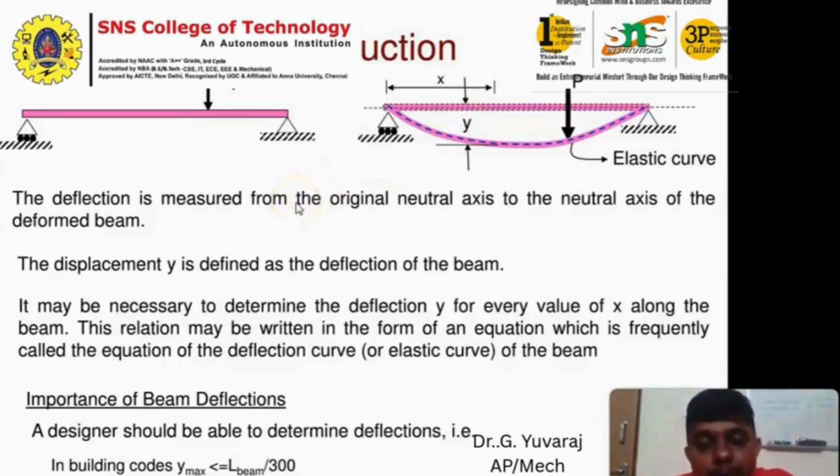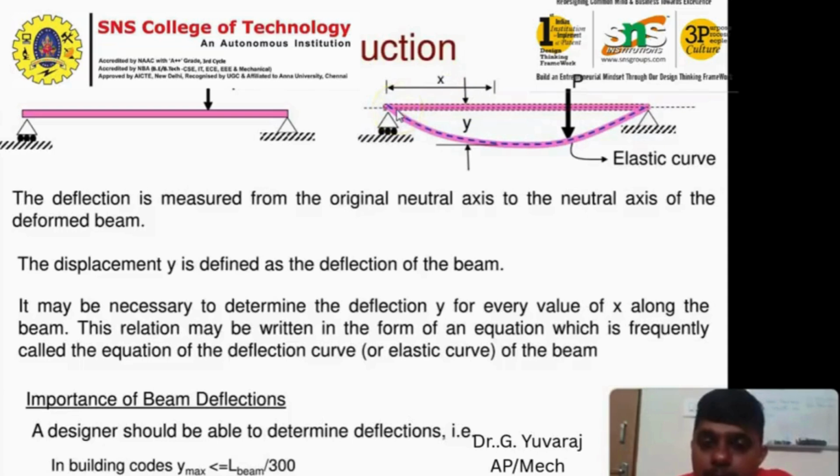It may be necessary to determine the deflection for every value of x, where x represents the position where the deflection takes place. We take the calculation from the simply supported end, because at the fixed end there is no deflection, but in a simply supported beam, the load can cause some deflection.